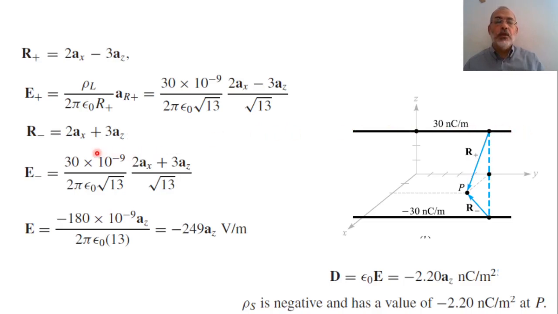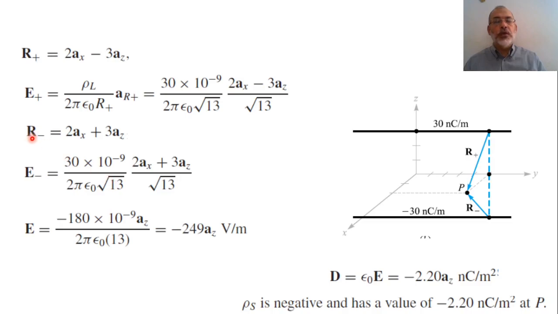Similarly, we can find the electric field due to the image line. And in this case, as I mentioned, I'm expecting there is a negative sign here. It is because it is minus 30 nanocoulomb. It is not 30. It is minus 30 nanocoulomb over 2 pi epsilon. r here is the same because it is the square root of 2 squared plus 3 squared, so it is 13.